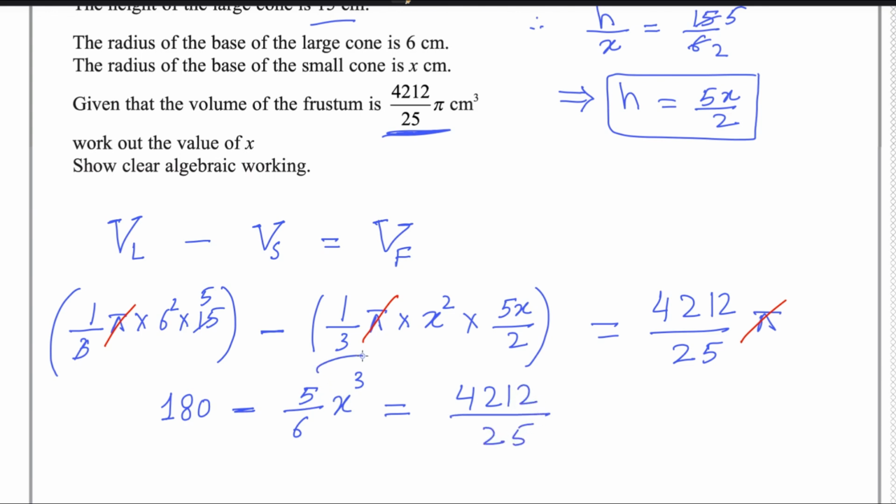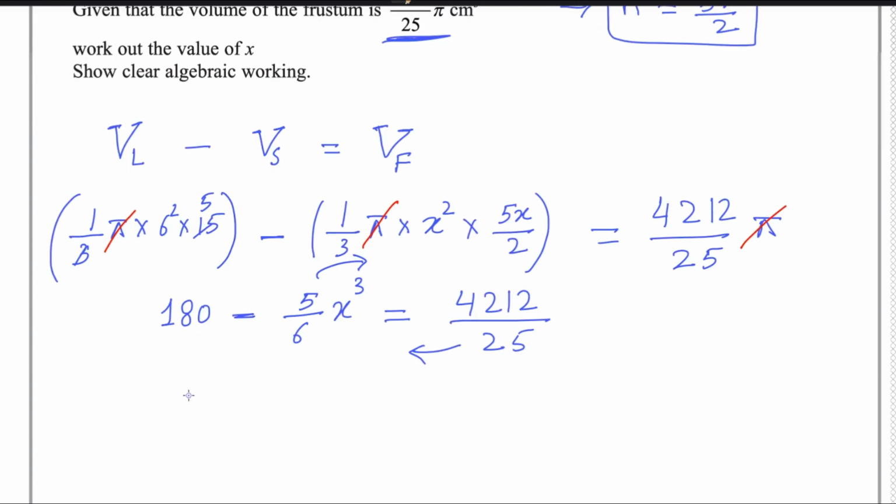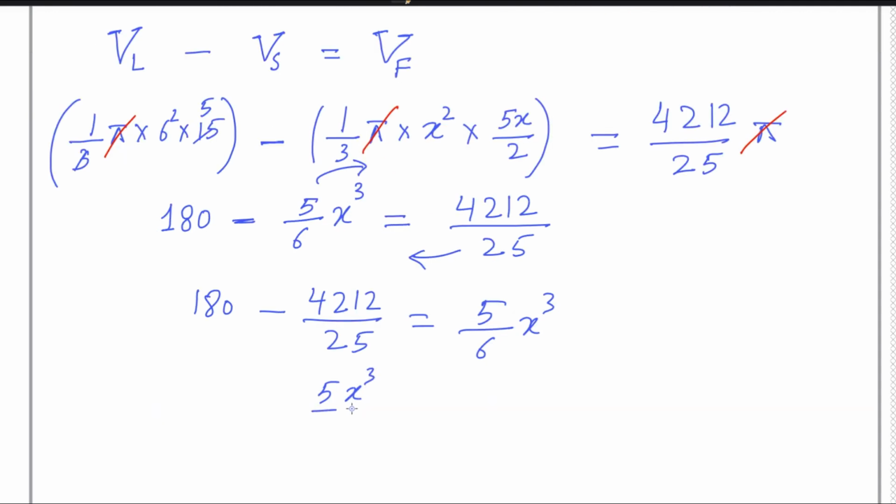Because this is minus, you can take it to the right side. Then it will be 180 minus 4212 divided by 25 equals 5 over 6 x cubed, that is 5x cubed divided by 6. The answer of the left hand side is 288 divided by 25.